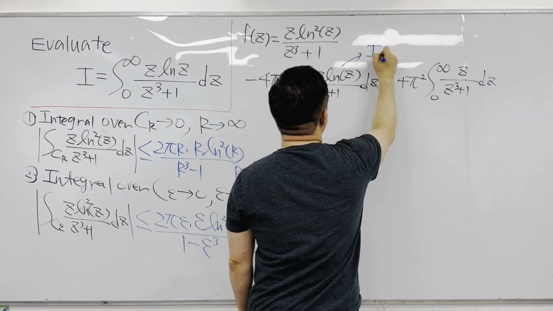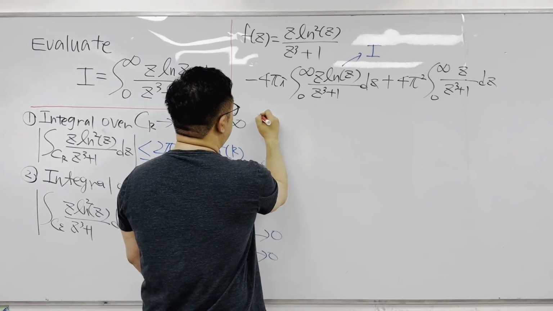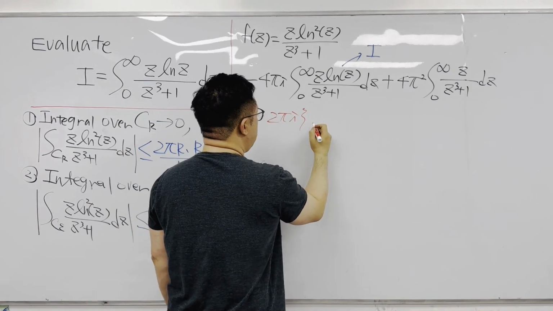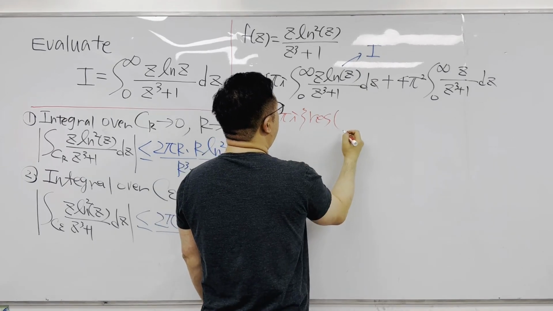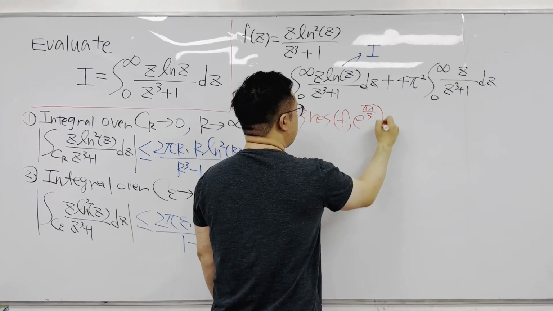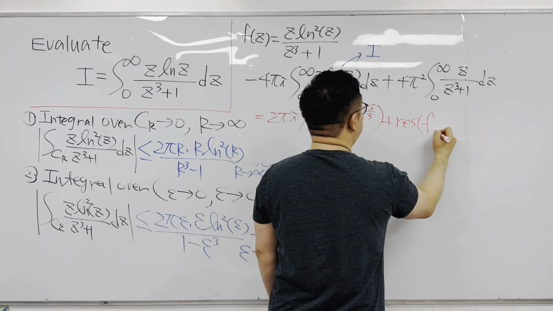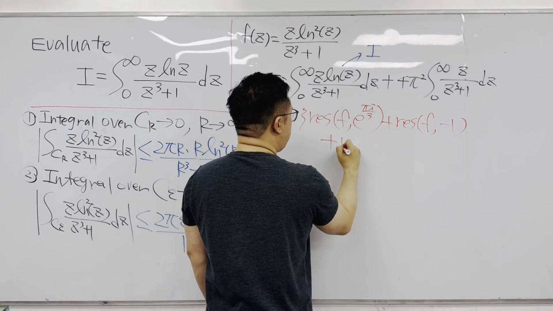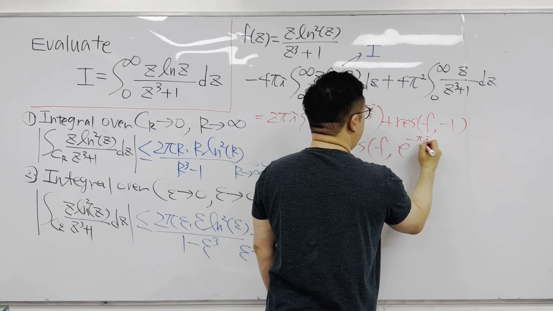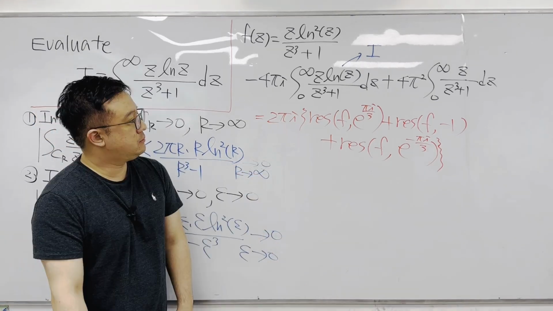If you call this I, then this is going to be the same as 2πi times the residue of f at e^(πi/3), plus the residue of f at −1, plus the residue of f at e^(−πi/3). This is what we just need to work on.